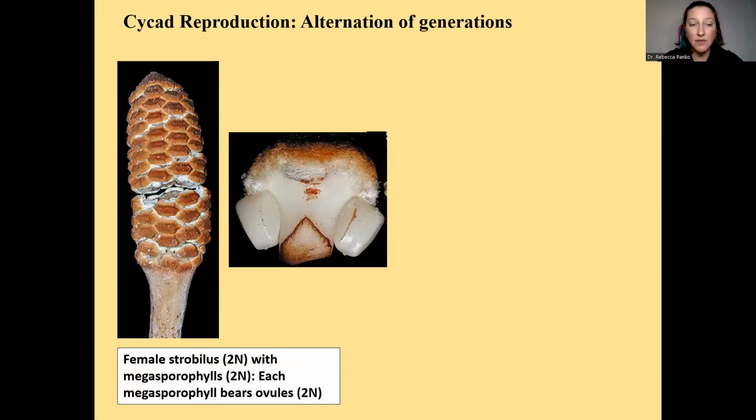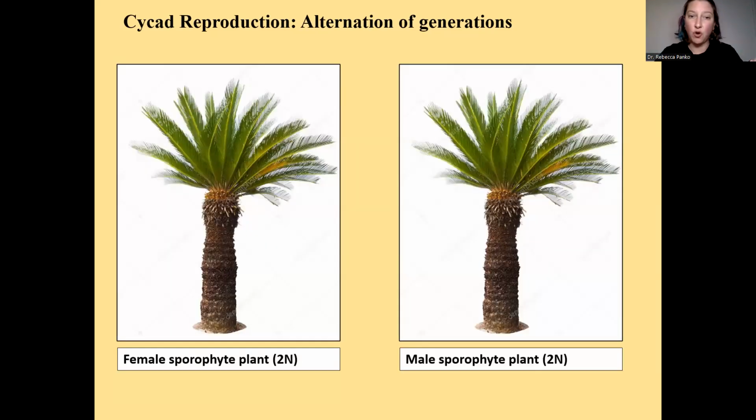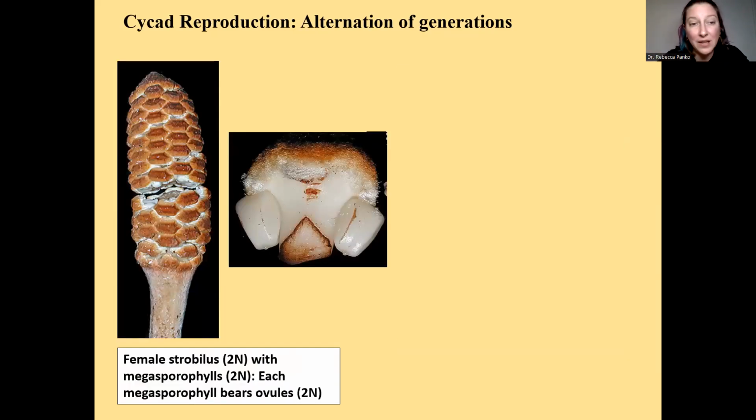So what is on the female sporophyte plant? Well, for this species, it has strobili. Remember, other species have the female Microsporophylls arranged in a fertile crown, but this species here has strobili. So this picture on the left is the female Strobilus, which is diploid because it's part of that sporophyte plant, right?